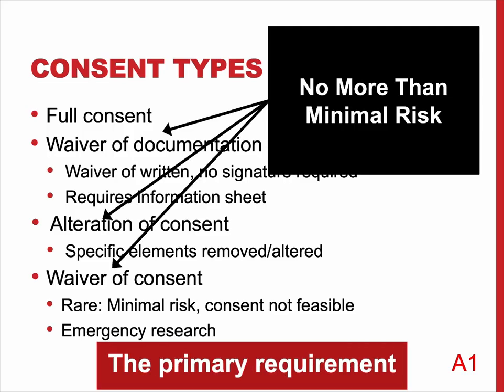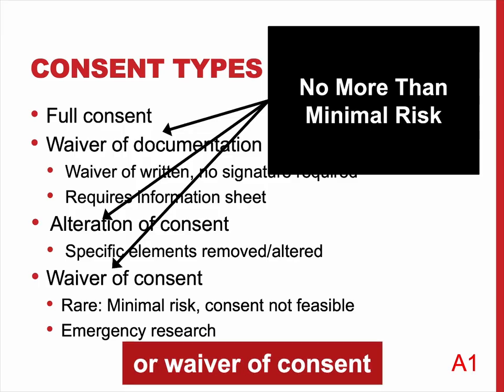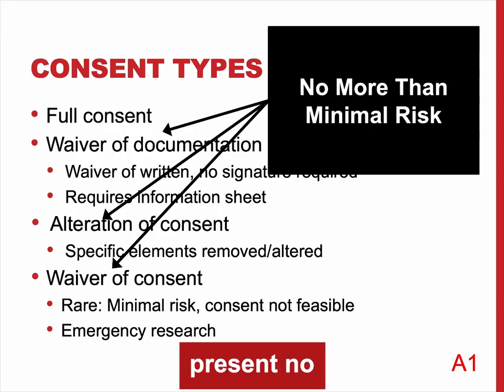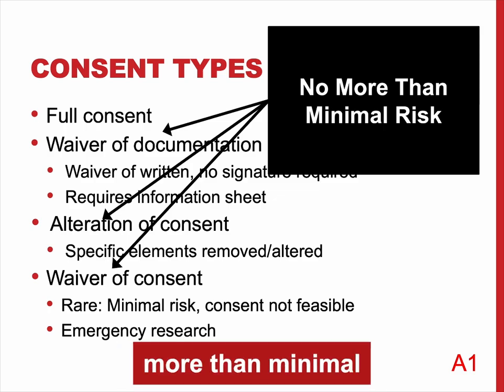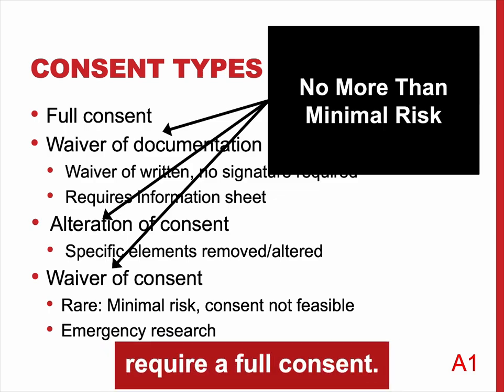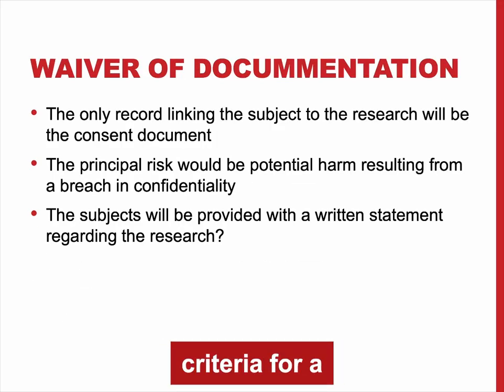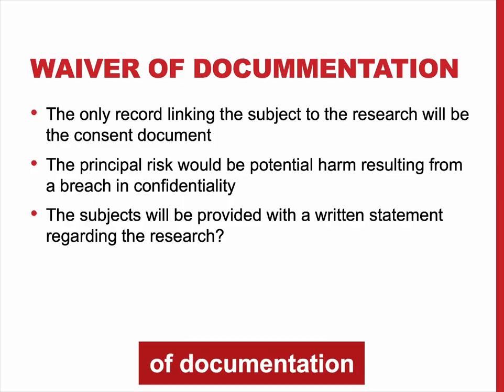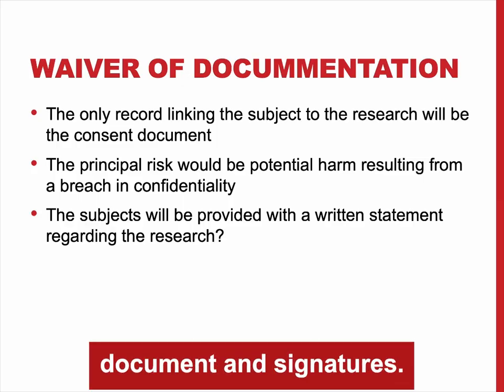The primary requirement for waiver of documentation of consent and altered consent or waiver of consent is that the research present no more than minimal risk of harm to subjects. Protocols that involve more than minimal risk of harm to subjects require a full consent. These are the criteria for waiver of documentation of consent. The waiver of documentation of consent precludes the need for full consent document and signatures.